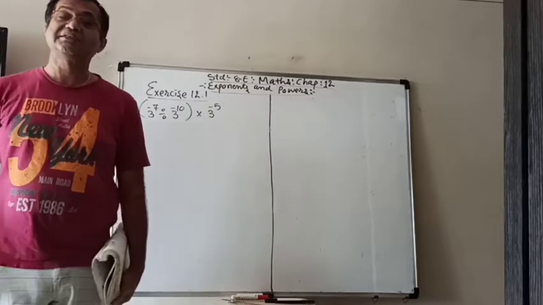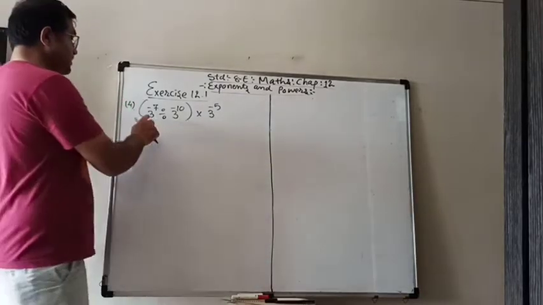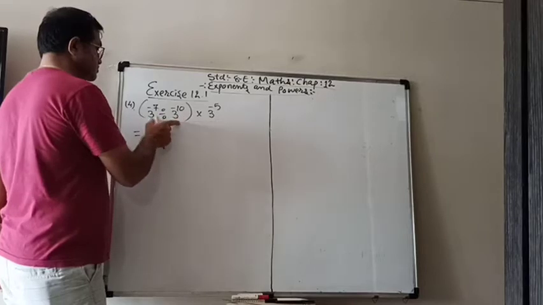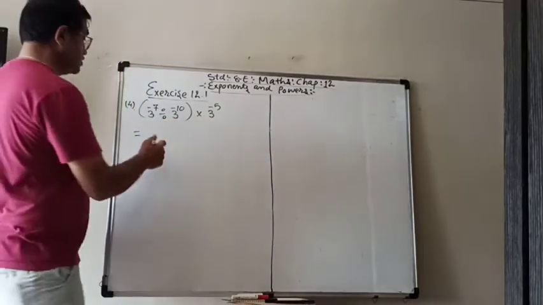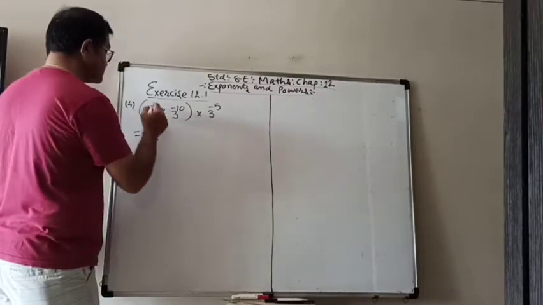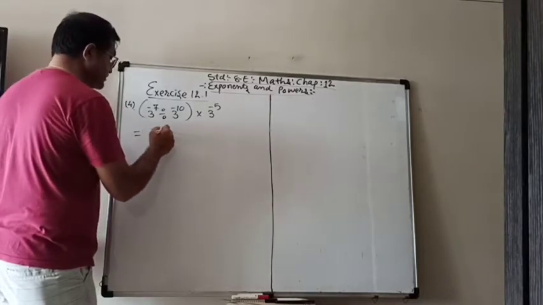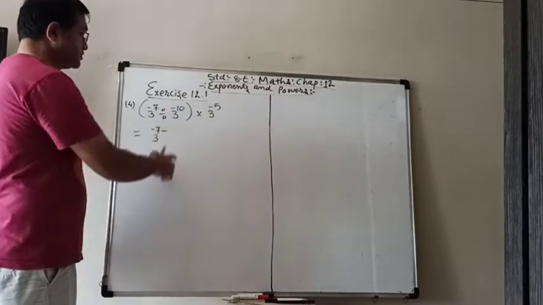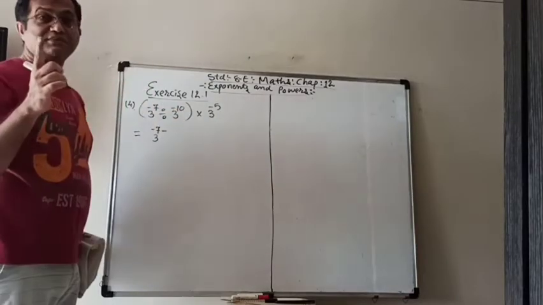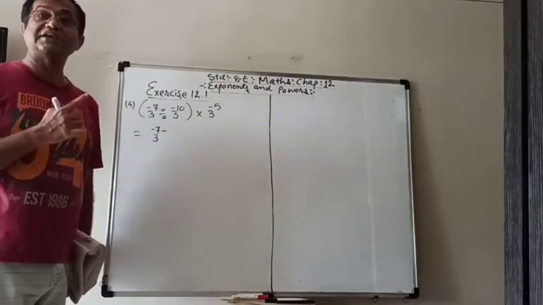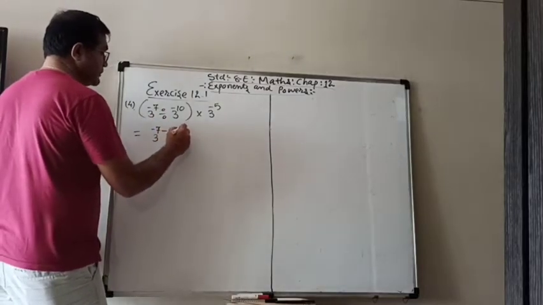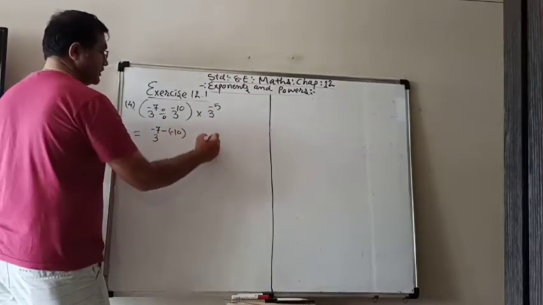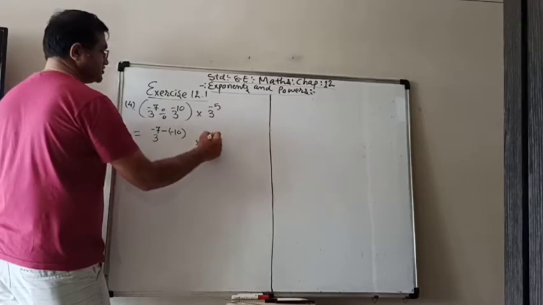What is there in the bracket? There is division. Same base 3. So division means subtraction. So 3 raised to minus 7 minus, don't make the mistake to write down 10 because again it is minus 10. So minus 7 minus minus 10 multiply by 3 raised to minus 5.